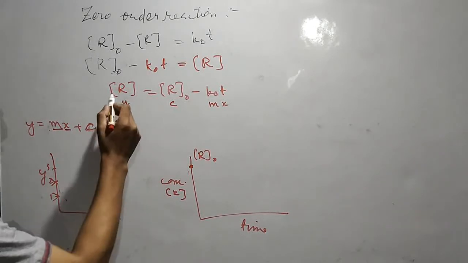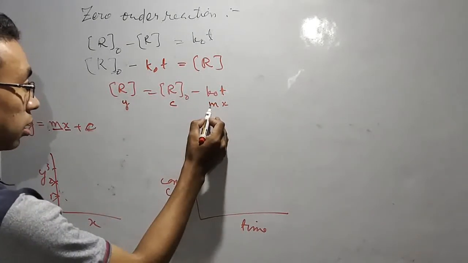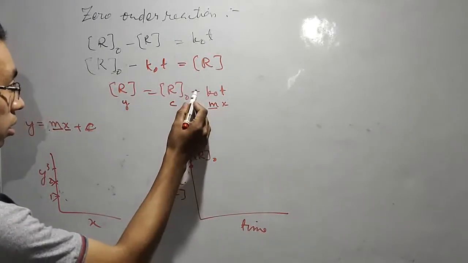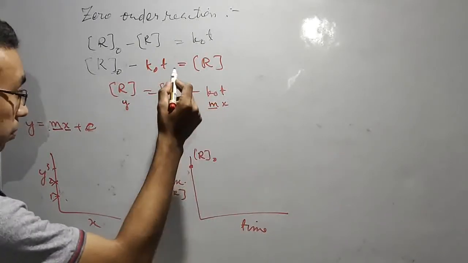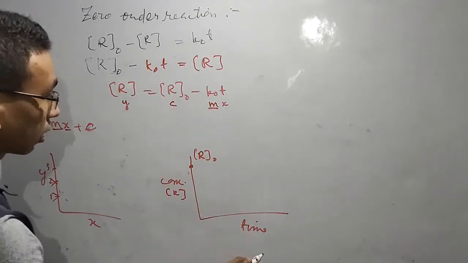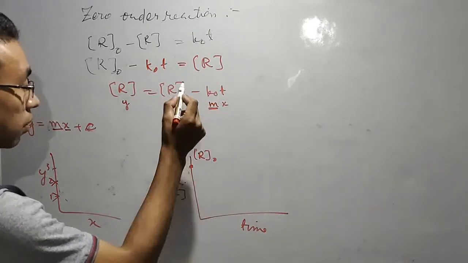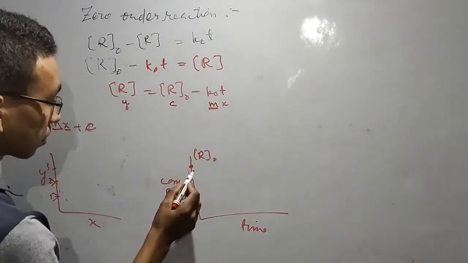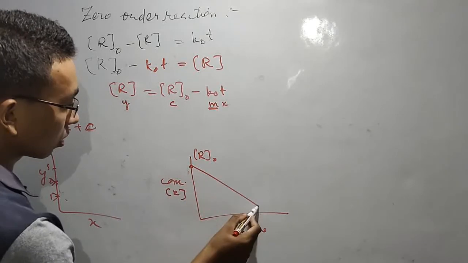If the slope is minus, then it will be in the downward direction. If the slope is plus, then it will go upward. So since here it is minus, the direction will go down.